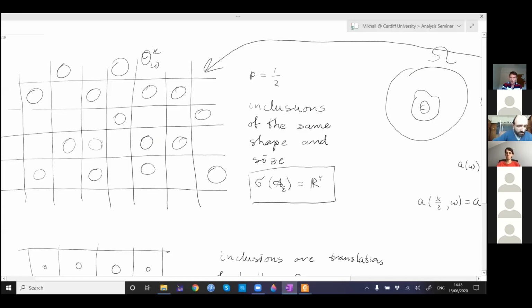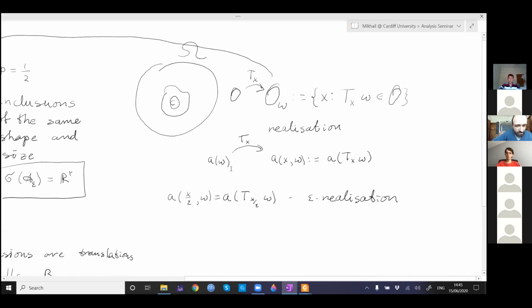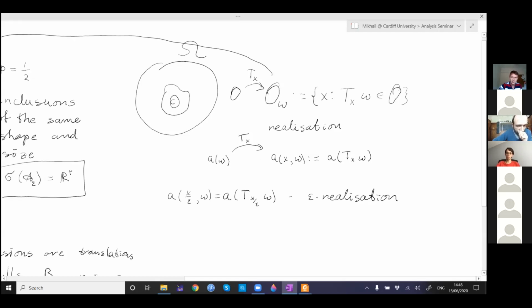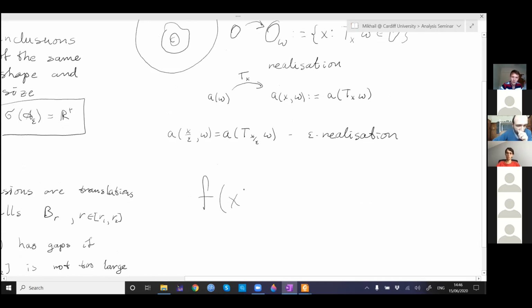So let me go back to what we have here. Think about a function. A is not necessarily the coefficients, just any function. You have the realization of this function in the physical space when you apply the dynamical system. For any function defined in the probability space, you have a nice measurable function, integrable under certain assumptions, in the physical space via the dynamical system. However, in general, if you have a function defined on the physical space, how can you go to a function defined on the probability space?